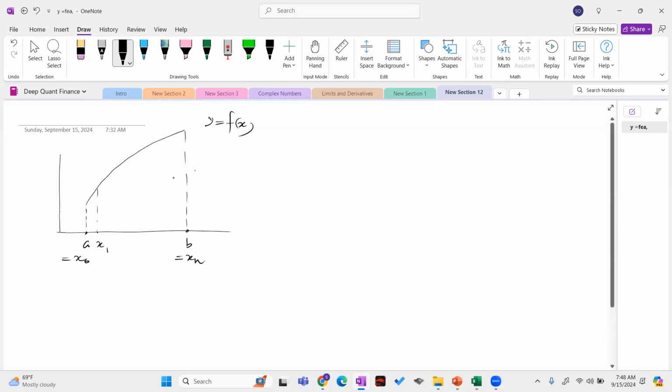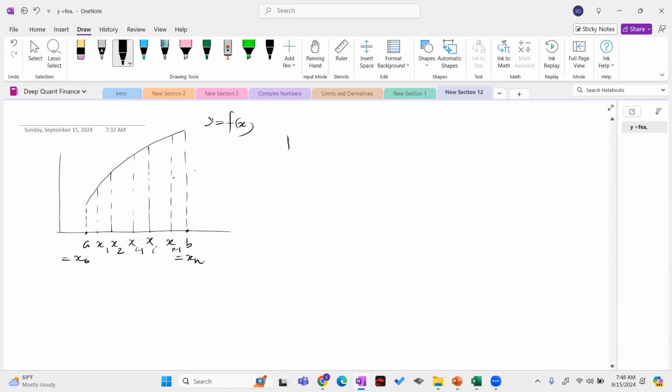So this is x1, equal spaced, x2, and then xn minus 1. And in the middle somewhere, we can just take any general segment. Let's call this xi minus 1, and this is xi. And there are a lot of these different subintervals.